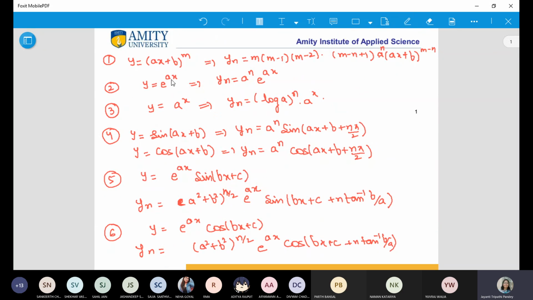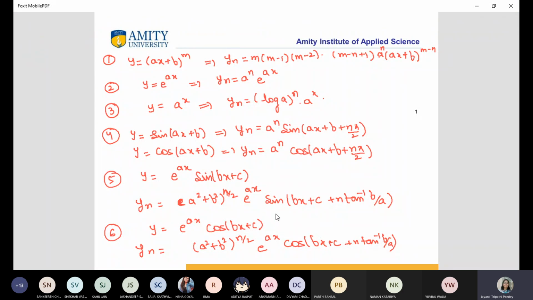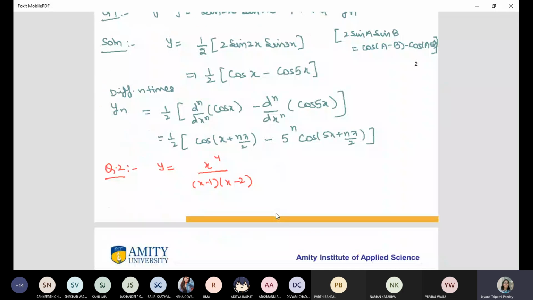This is the known format, (ax plus b) to the power m. Now in this particular part, the degree of numerator is higher than the degree of denominator. So the first step is we divide it, because until we split it into linear factors, we won't be able to apply the formula.